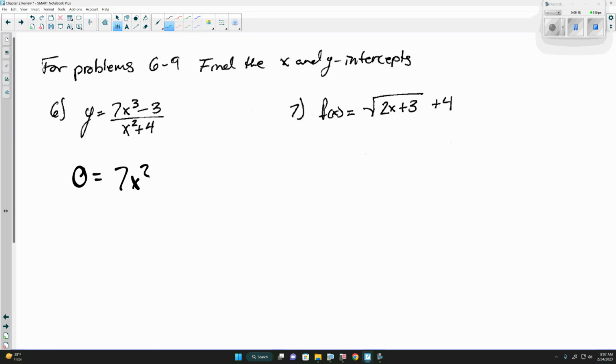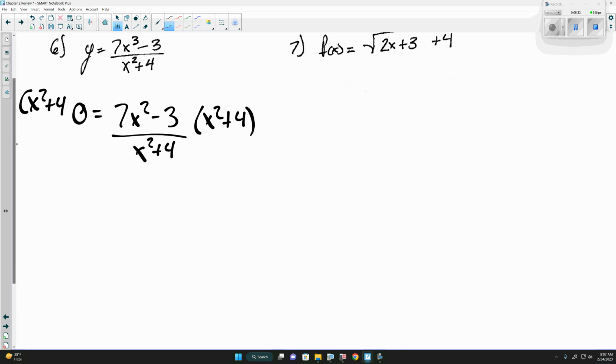So we could set it up as just this here. Now, if we set it up over the x squared plus 4, that's fine. Because our first step would have been to multiply both sides by the bottom of the fraction so that these would simplify out. Cubed. Yes, thank you. We'd have 7x cubed minus 3.